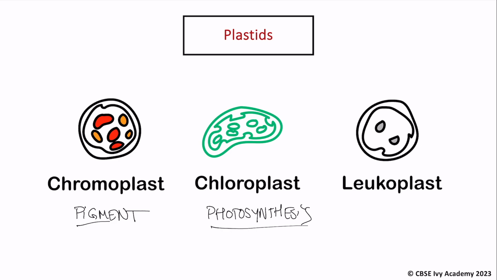And then lastly, you can have leucoplasts. Leucoplasts are non-pigmented, but they can have various functions. They can store various complex carbohydrates. Okay, so those are three kinds of plastids.